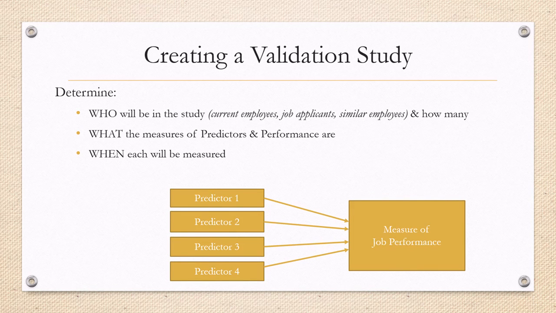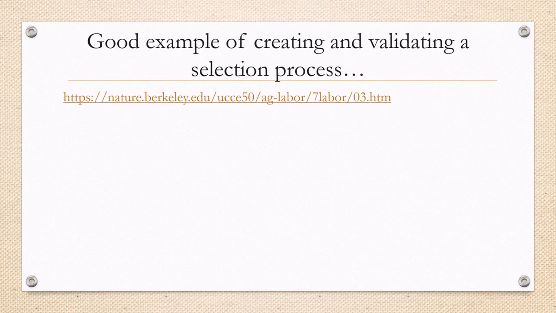What measures of predictors and performance will we be using? And when will we be measuring each of these constructs? Will it be concurrently, looking at predictors at the same time as job performance? Or will we collect information on predictors at a time before we measure job performance?